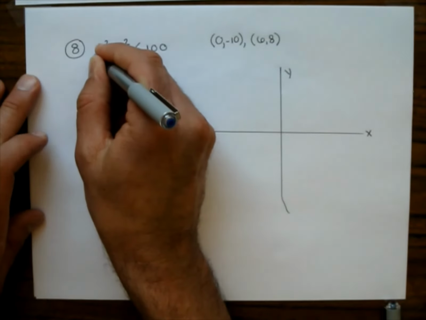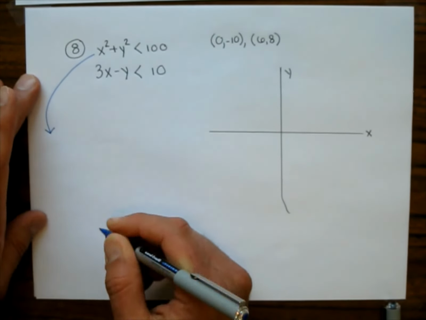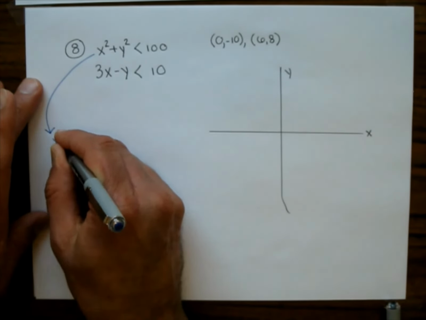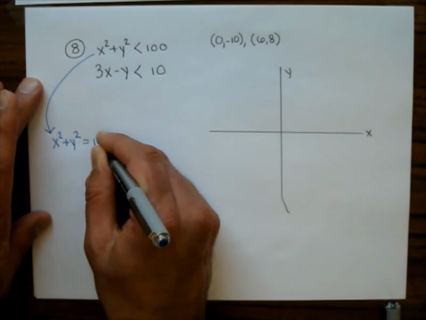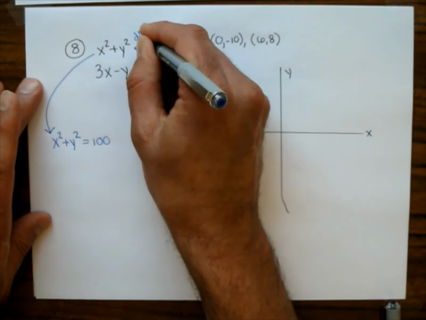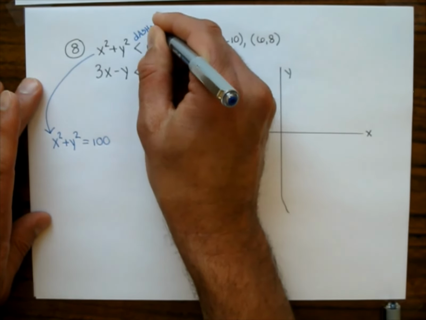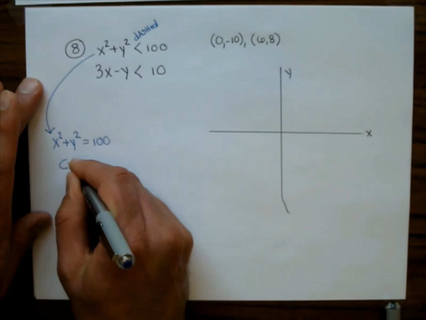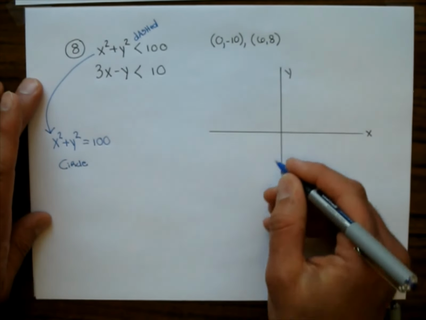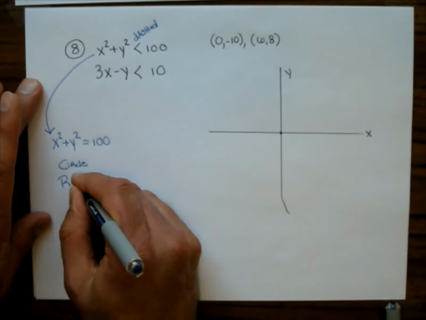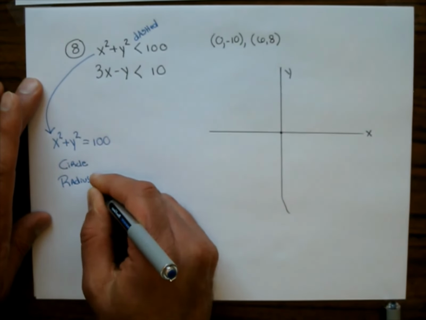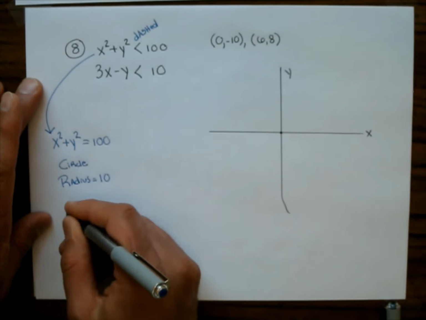Let's take this guy right here. We're going to write this as x squared plus y squared equals 100. This one happens to be dashed. It's a circle with center (0, 0) and radius 10, not 100.